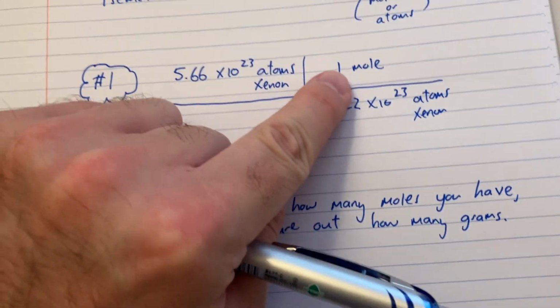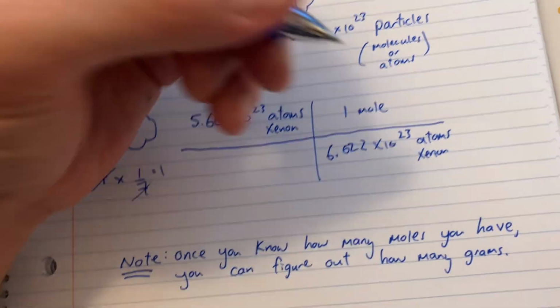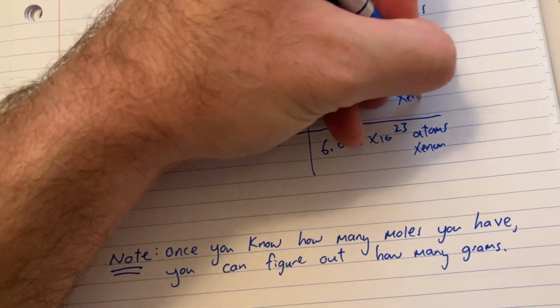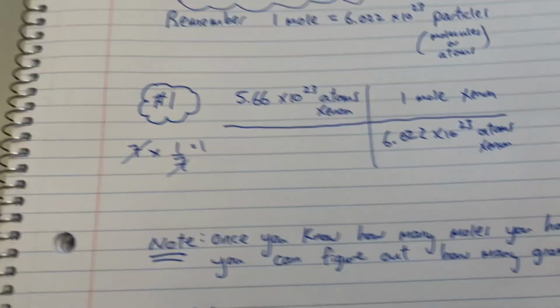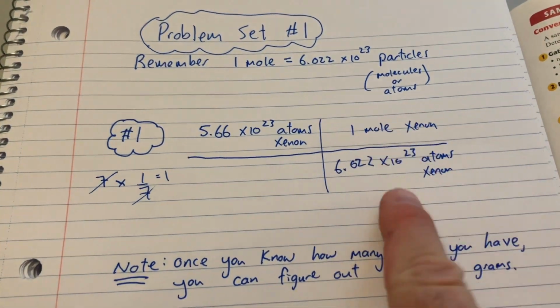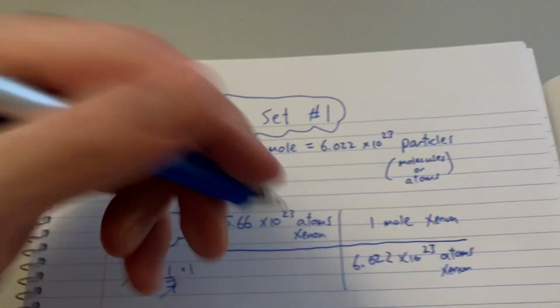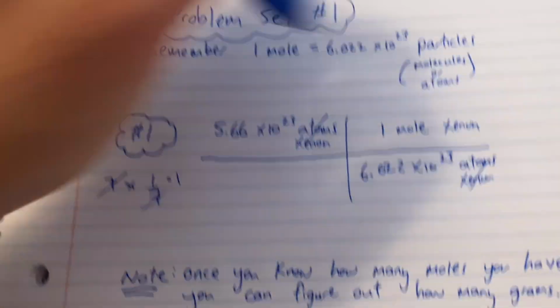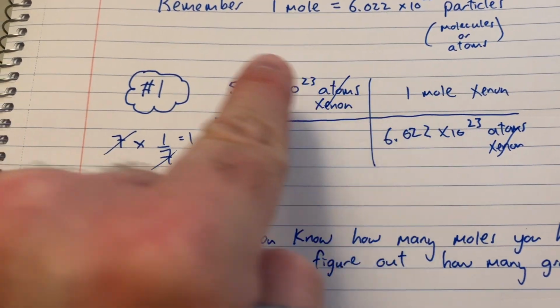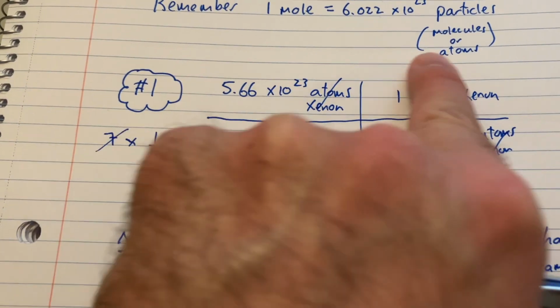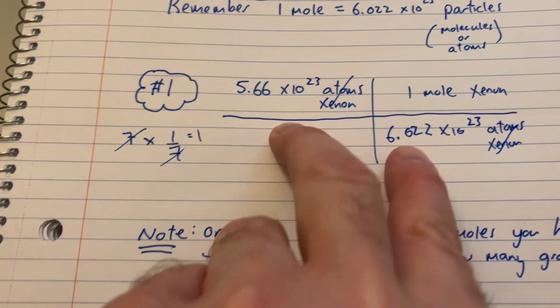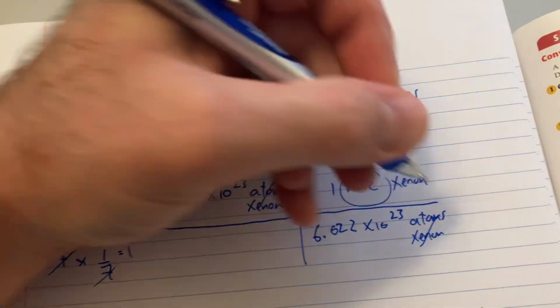And sometimes for mole, they'll put MOL, but MOLE is fine. So they gave me that many atoms, and for every 1 mole of xenon, I have that many atoms. And notice in the top and bottom, I have atoms and atoms. So when I times across the top and divide by whatever's in the bottom, I'll be left with moles of xenon.